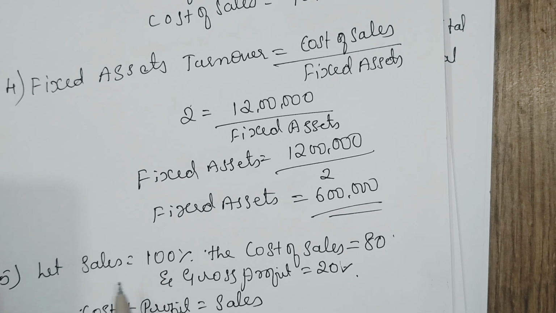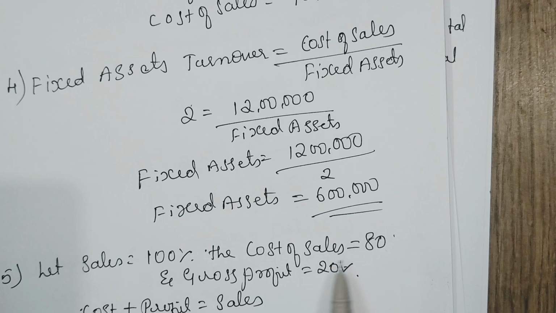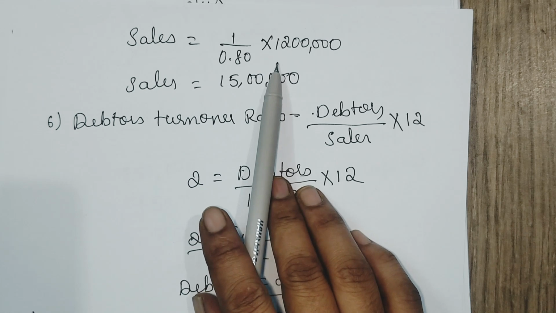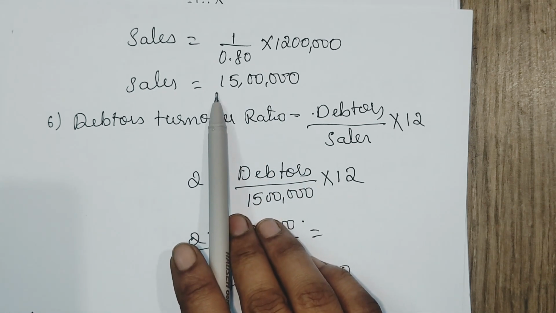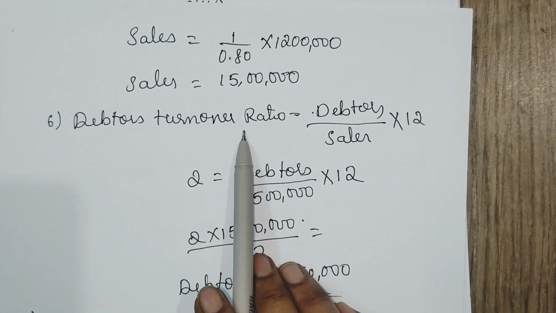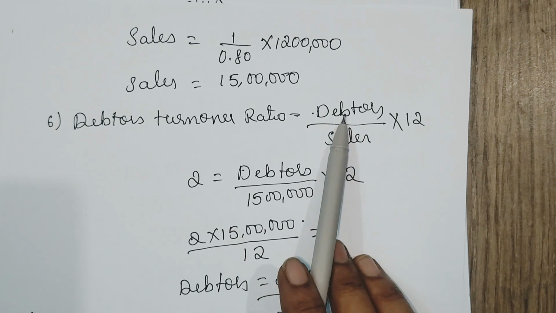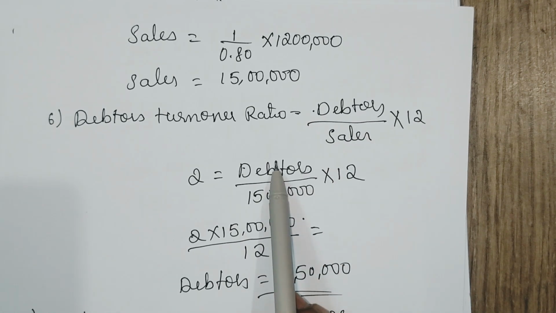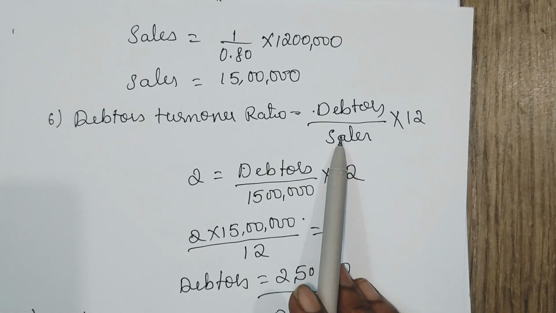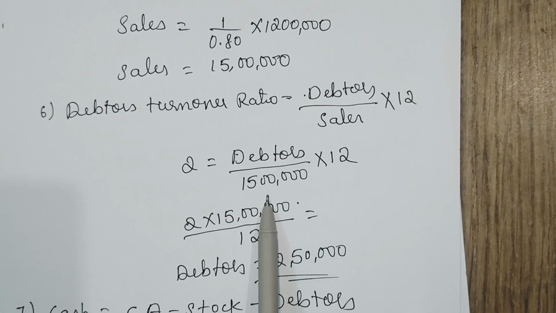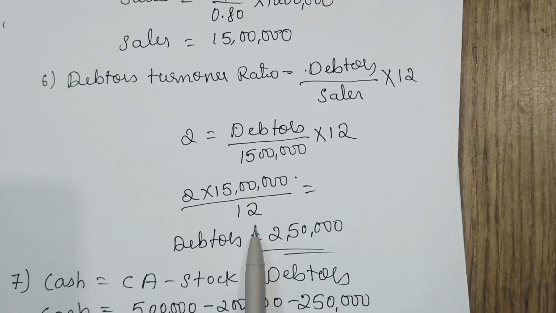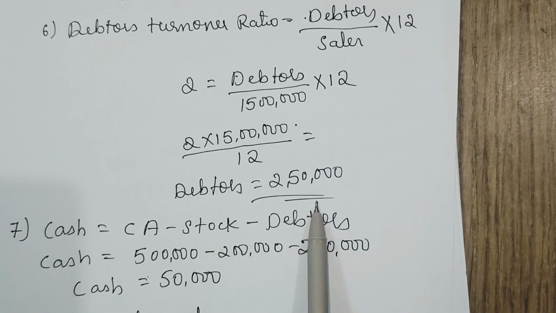So the sales is equal to 1 divided by 0.80 into 12 lakh, sales will become 15 lakh. Debtor turnover ratio is given, that is 2. Debtors divided by sales into 12 months. Debtors we need to find out. Sales we have already calculated, that is 15 lakh. 15 lakh into 2 cross multiplication divided by 12, debtors will come 2,50,000.